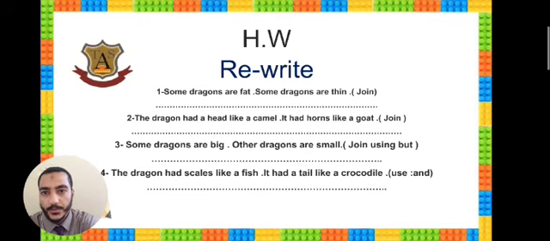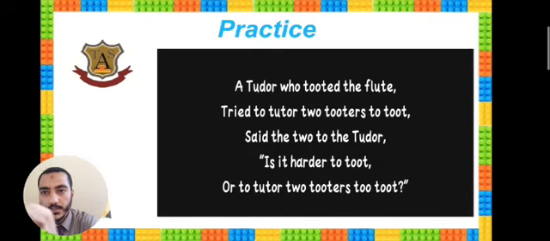Now, when you are at home, after our session, practice the long U and the short U with this type of sentences, which are called tongue twisters. You can search Google after the session.